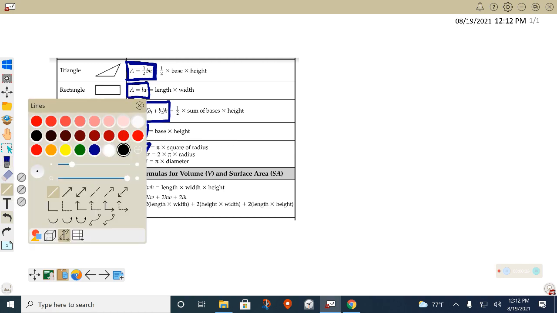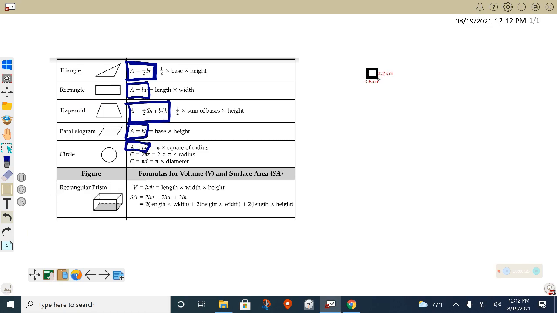Watch this. We got a square. Okay, so there's a square there. Ariana, what is that square called?